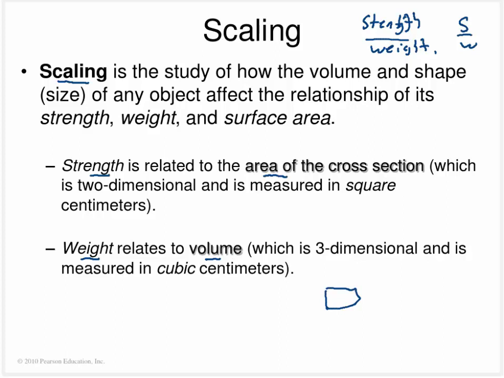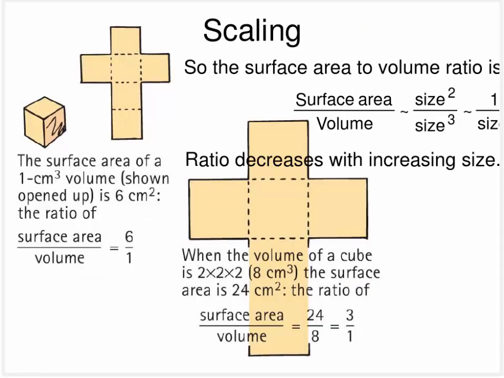We can do a density thing, density is mass to volume, and work our way to weight. When we take a look at the ratio of the strength to the weight, because surface area is going to go like size squared, while volume is going to go like size cubed, this strength to weight ratio is going to go like 1 over size, and interestingly enough this ratio decreases with increasing size.